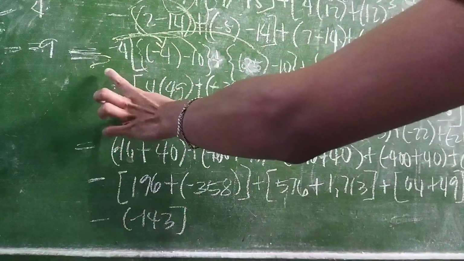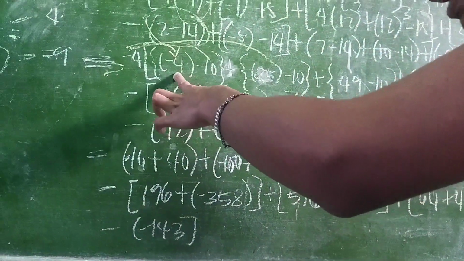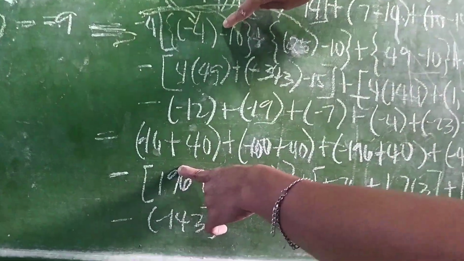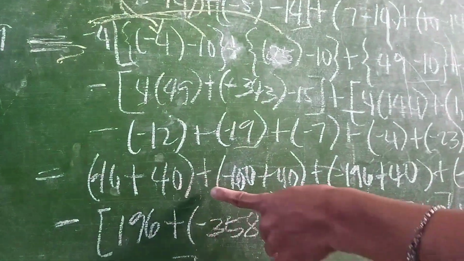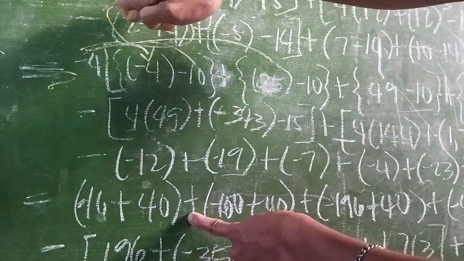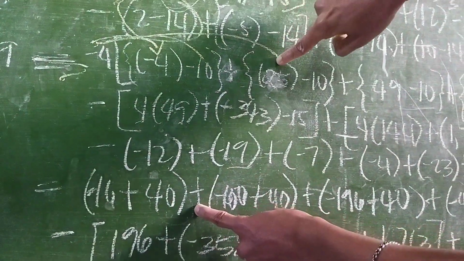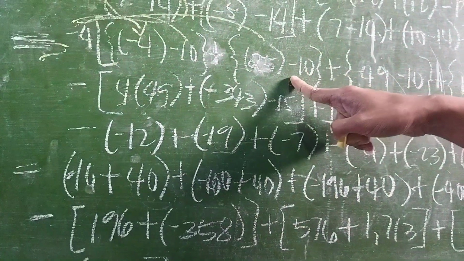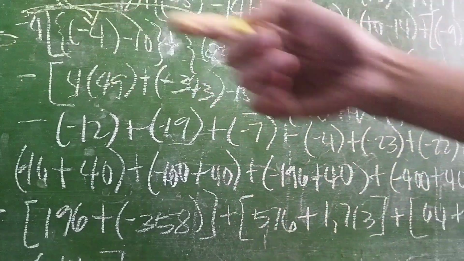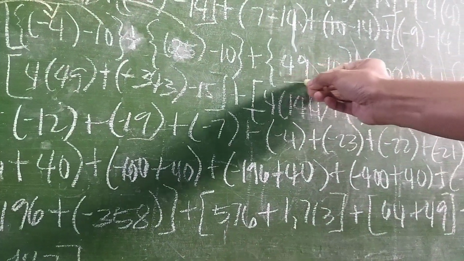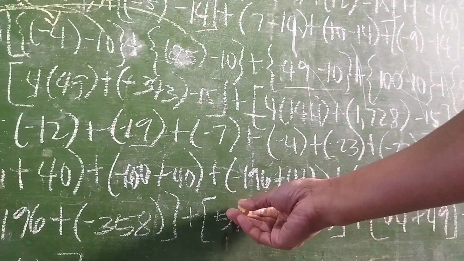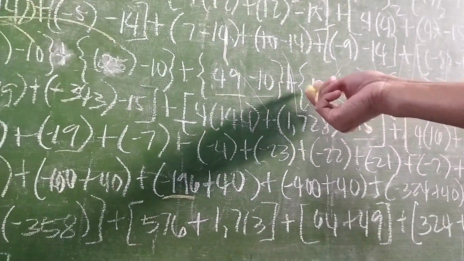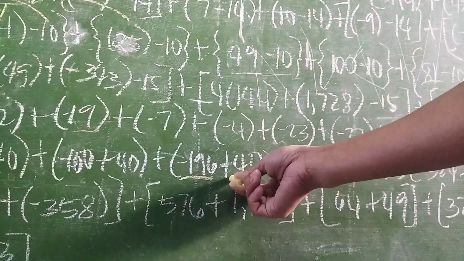So negative 4 times negative 4 is equal to negative 16. Negative 4 times 10 is equal to 40. And then plus negative 4 times 25 is equal to negative 100. Negative 4 times 10 is equal to 40. Negative 4 times 49 is equal to negative 196. Negative 4 times 10 is equal to 40.